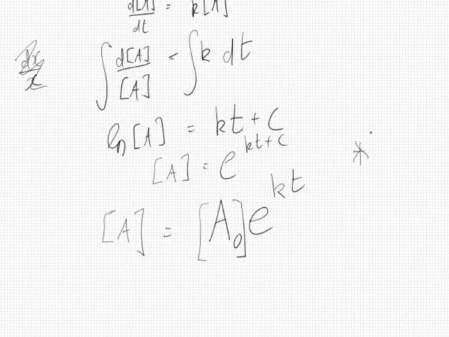This is called the first order reaction rate law. So this tells you that the concentration of A will increase exponentially or possibly decrease exponentially, depending on if the K is a positive or negative number. That is, if it's an increasing or decreasing type of concentration.